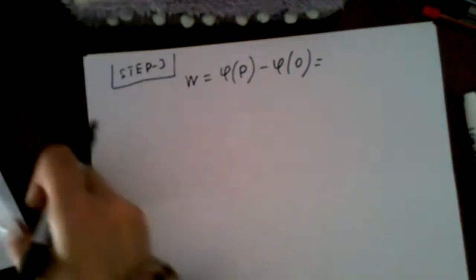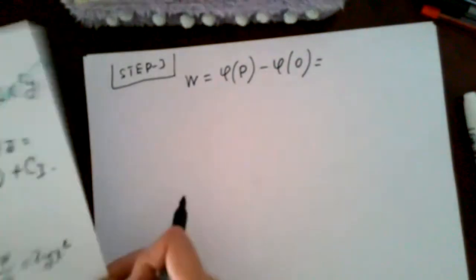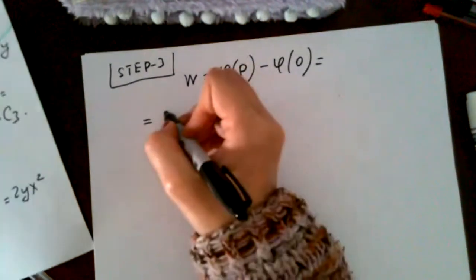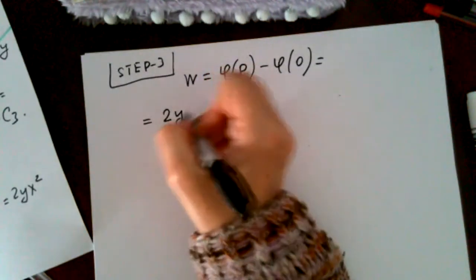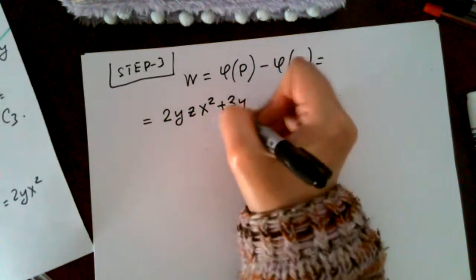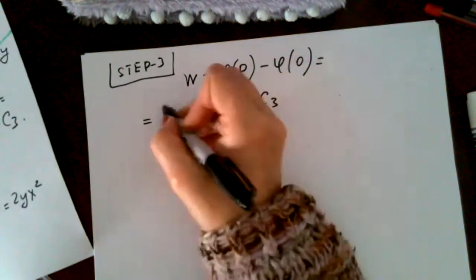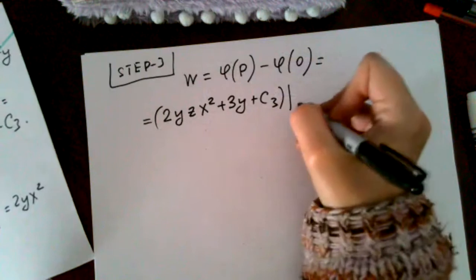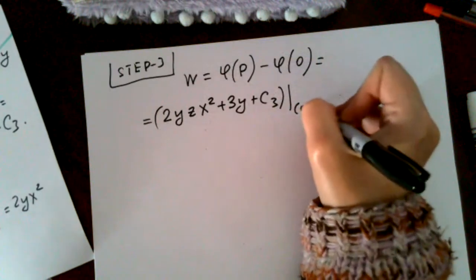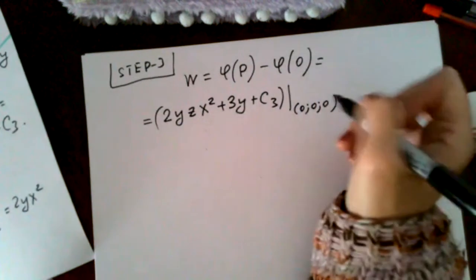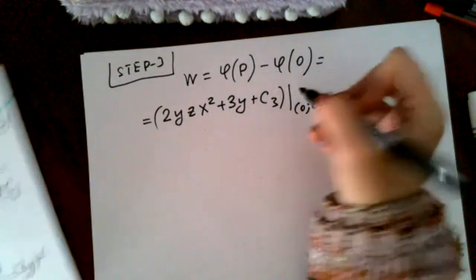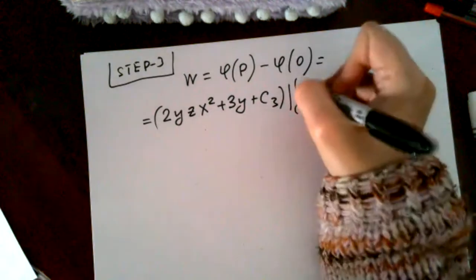So it all comes down to these calculations. But to do this, I think it's better to copy my function phi here. So my function is 2yzx squared plus 3y plus C3. And we can use this notation from O to P. The origin has coordinates 0, 0, 0. And the final point P has coordinates, I don't remember them, 2, 2, 3.